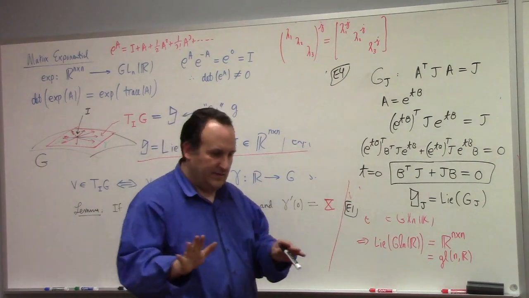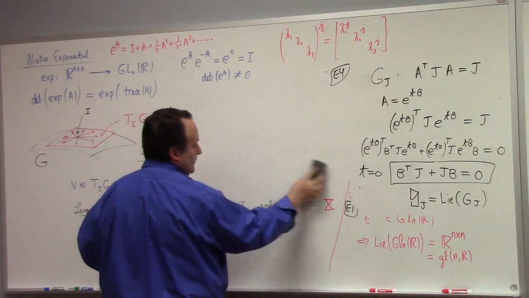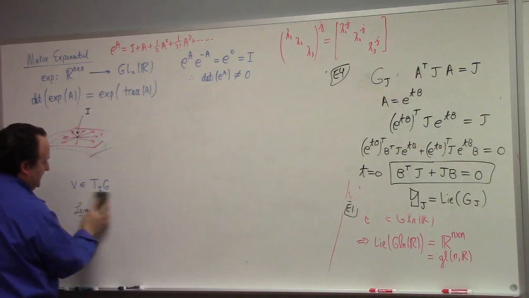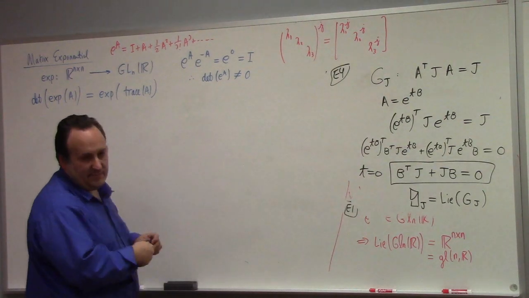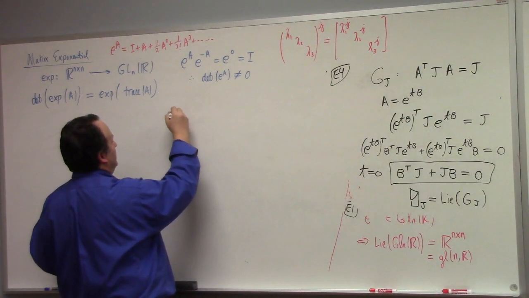All right, so let me end today with the definition of a Lie algebra. So what is a Lie algebra? It doesn't have to be a set of matrices, right? But for us, for today, it's been a set of matrices. But what a Lie algebra is this.